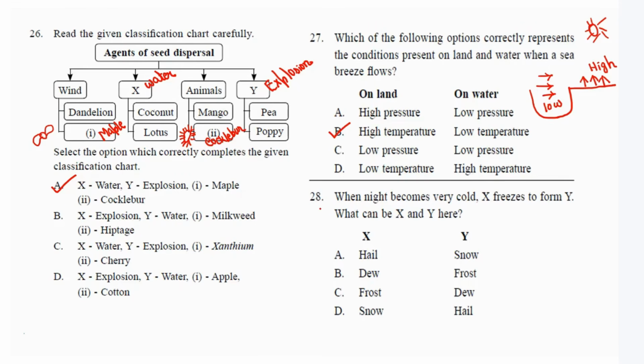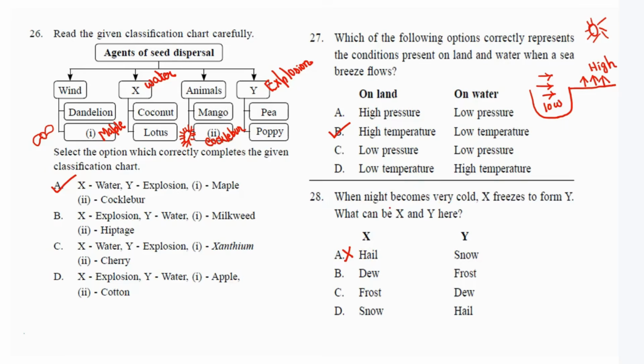Coming to question number 28. When night becomes very cold, X freezes to form Y, right? What can be X and Y? Hail, snow, not possible. Hail is formed when it comes down while raining. So this is not possible. Dew, frost.